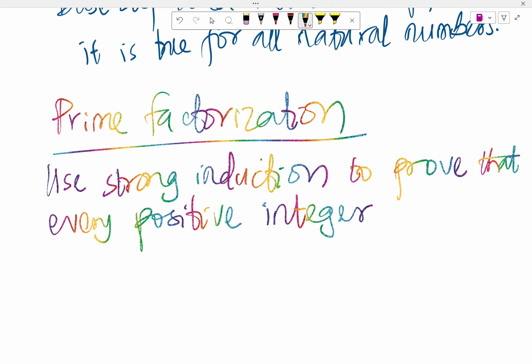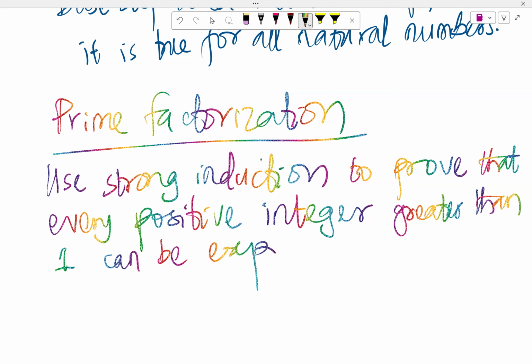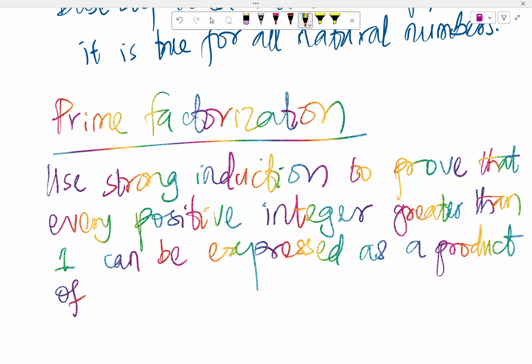To prove that every positive integer greater than one can be expressed as a product of prime numbers.